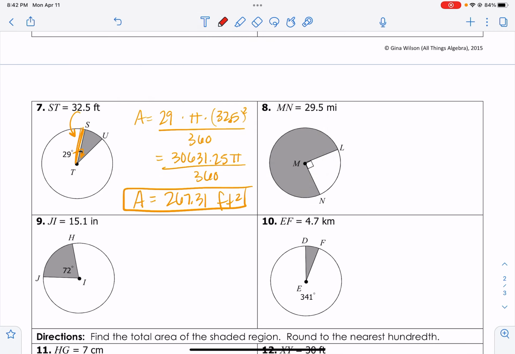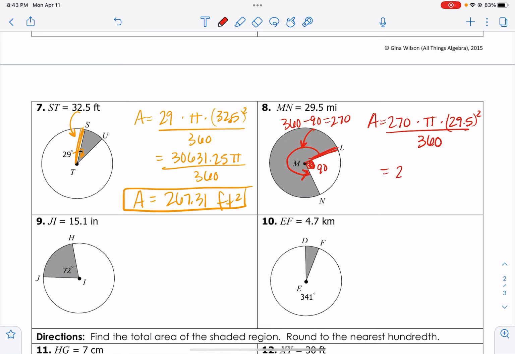Number 8, again, we're given the angle that we don't need. So if this piece is 90, then the reflex angle is 360 minus 90, which is 270. So that's the angle that I use. 270 times pi times my radius, 29.5 squared, divided by 360.